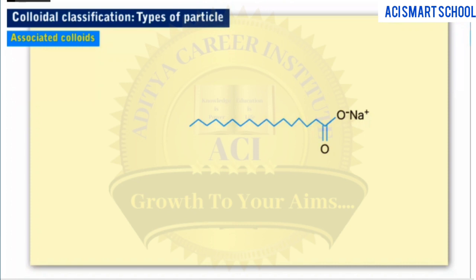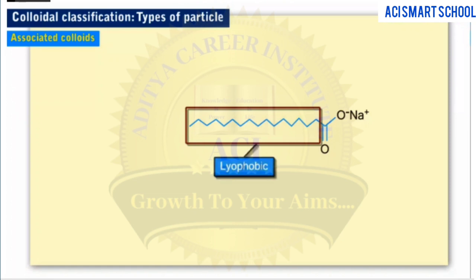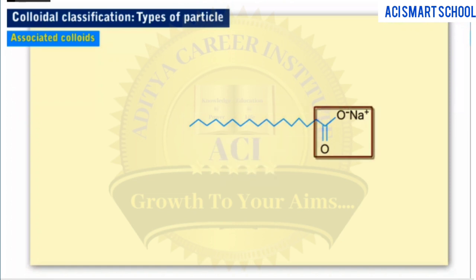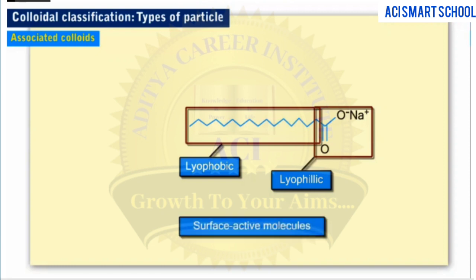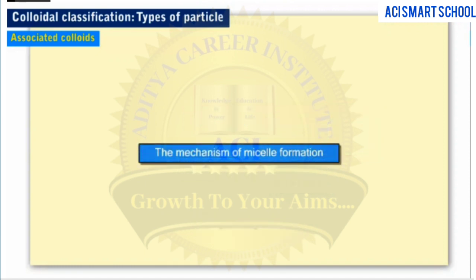In soaps, the alkyl group that consists of a long carbon chain is lyophobic, while the polar group is lyophilic in nature. Molecules with lyophilic and lyophobic ends are called surface active molecules or surfactant molecules. Let us now discuss the mechanism of micelle formation.